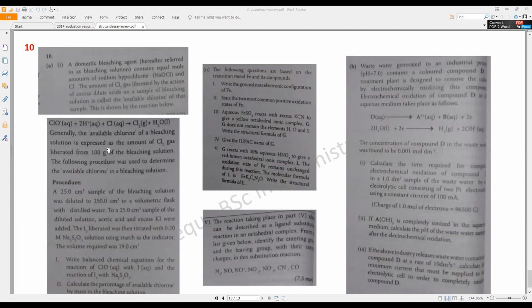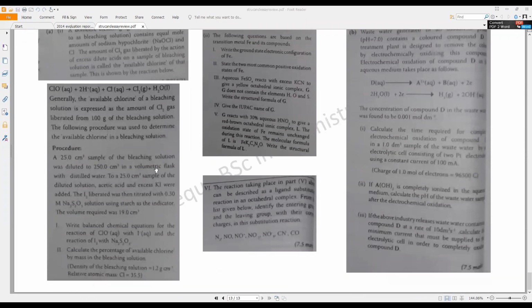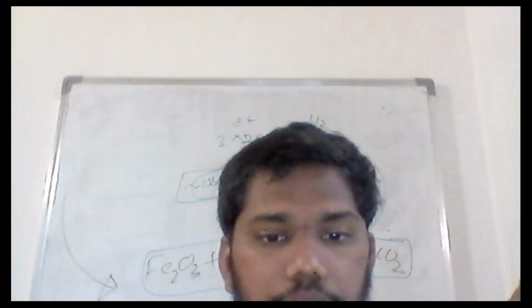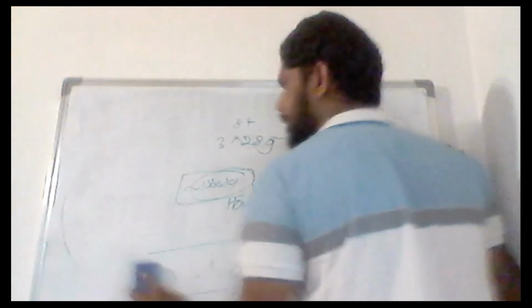Generally this is just a description, and the following procedure was used to determine the available chlorine in a bleaching solution. So basically they have given information, and we will get the information from it. We can use the board here.